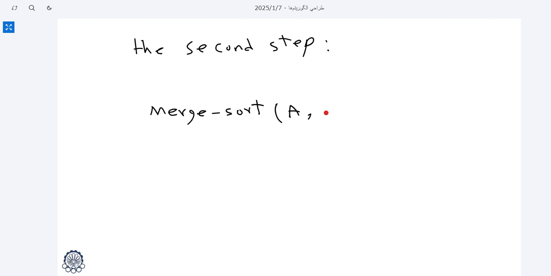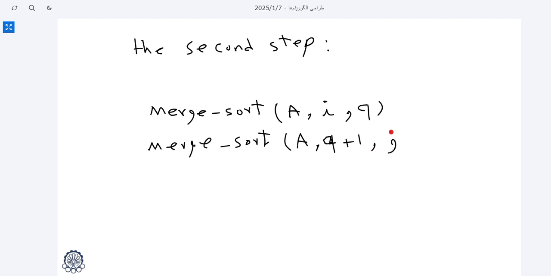For array A from index i to index q. Then recursively we call the algorithm for index q plus 1 to index j. This is the second step of our algorithm.